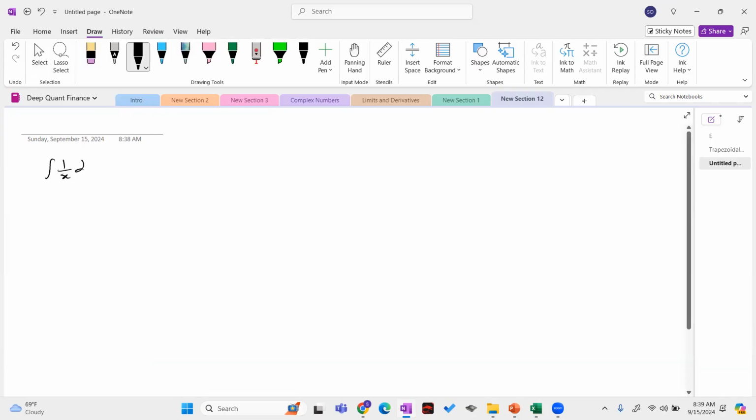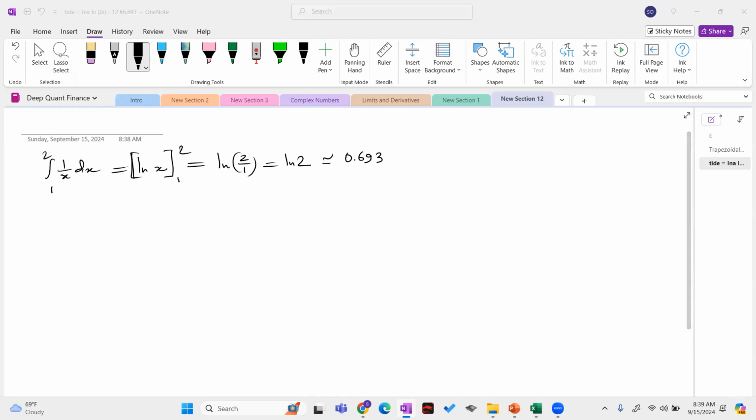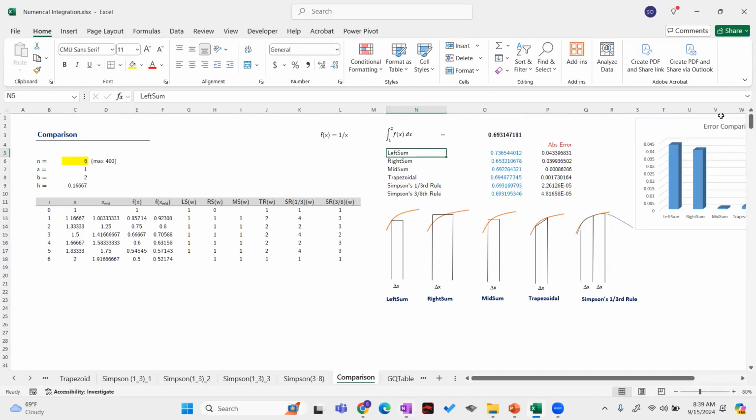Integral 1 by x dx from 1 to 2 is equal to log x from 1 to 2, log 2 minus log 1, which is log 2. And please remember, log 2 is 0.693.